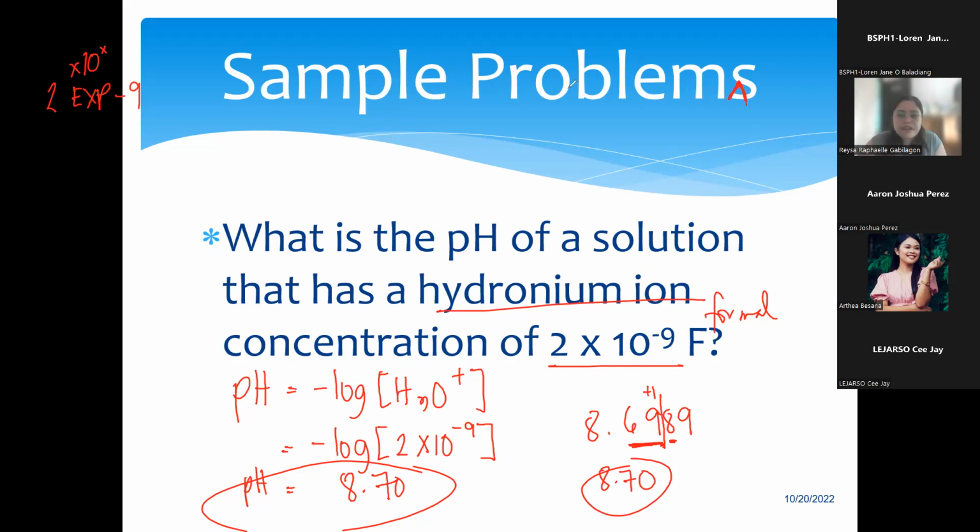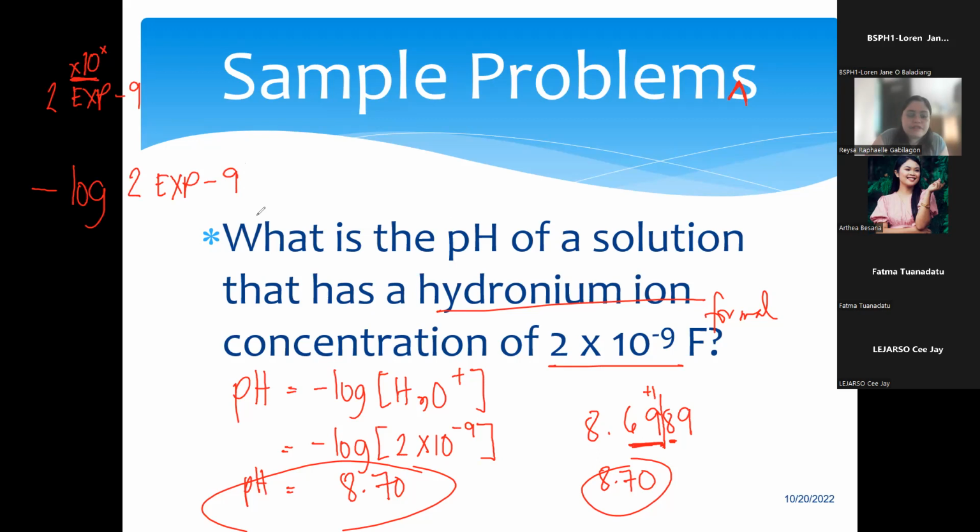Questions or clarifications with this one? Naintindihan yon? Anong gagawin sa calculator? You input the negative and then ang sunod yung pipindutin is yung log. And then, ilagay nyo yung 2, pindutin nyo yung EXP. Kaya ito, depende kasi sa calculator, it's either times 10 raised to the power of x or EXP yung nakalagay.